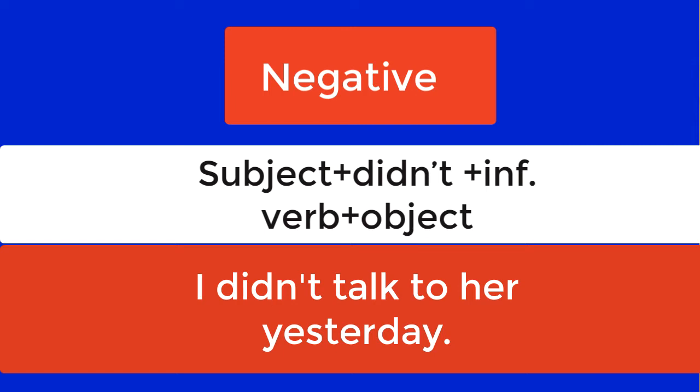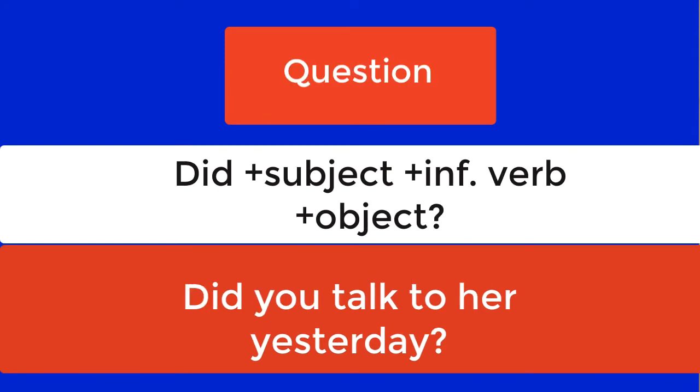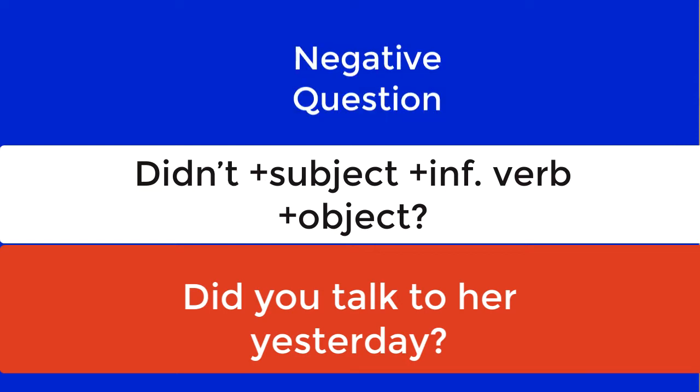Example, I didn't talk to her yesterday. Question, did plus subject plus infinitive of the verb without to plus object plus question mark. Example, did you talk to her yesterday?